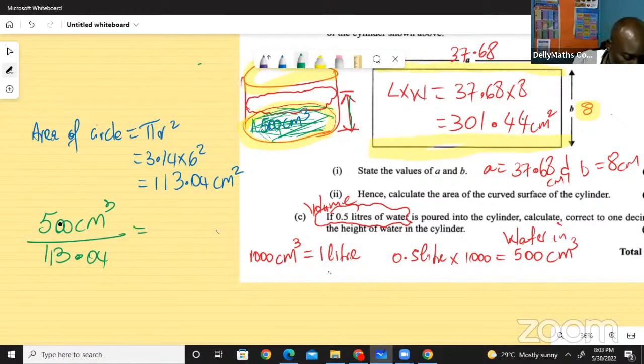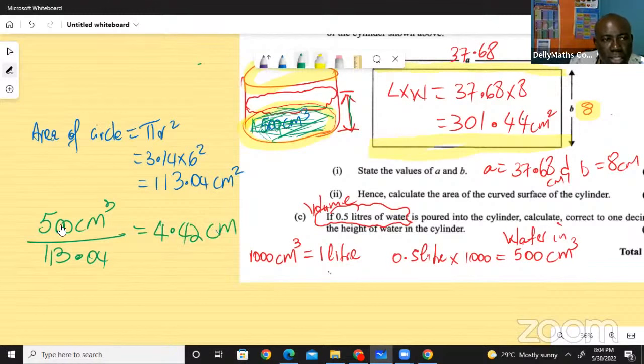So 500 divided by 113.04 is equal to 4.42 centimeters.